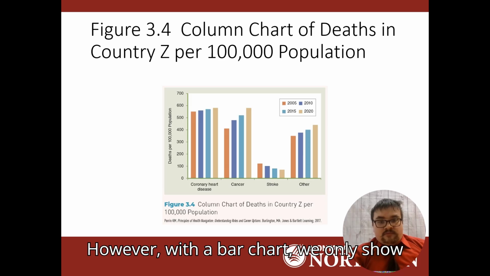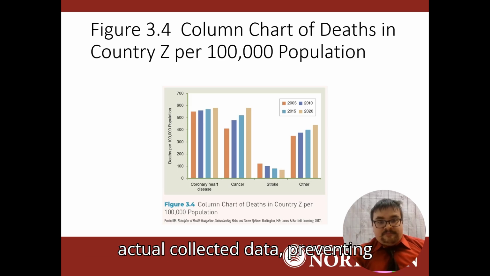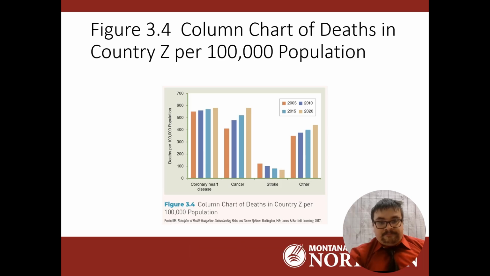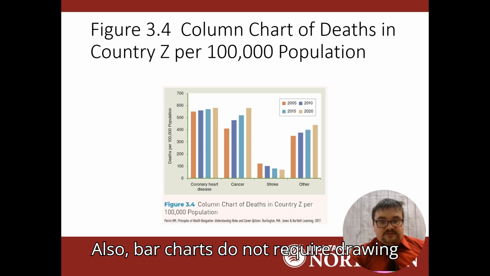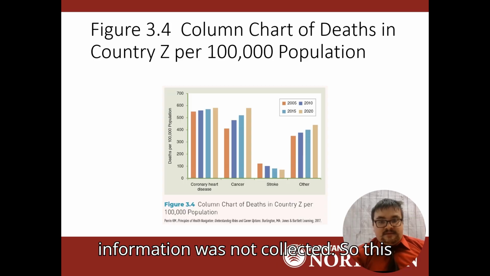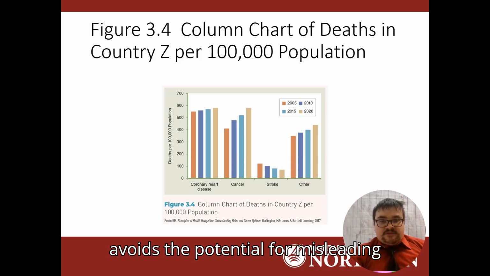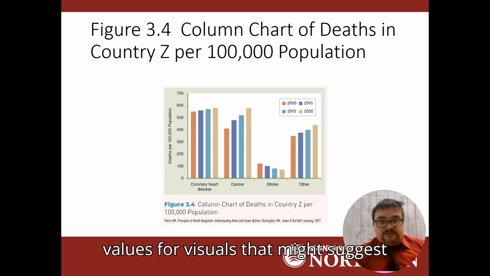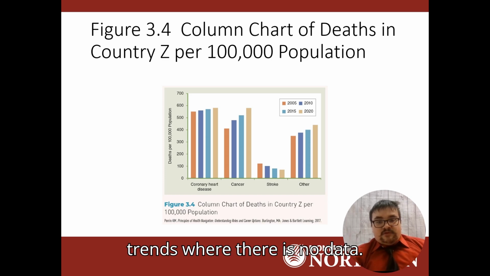However, with a bar chart, we only show actual collected data, preventing misleading assumptions. Also, bar charts do not require drawing lines between data points where information was not collected, so this avoids the potential for misleading values or visuals that might suggest trends where there is no data.